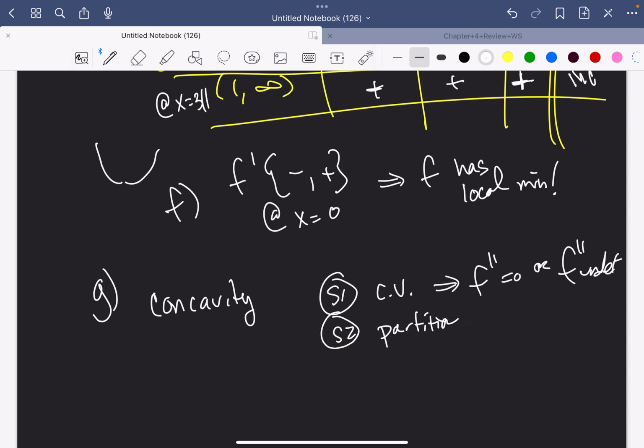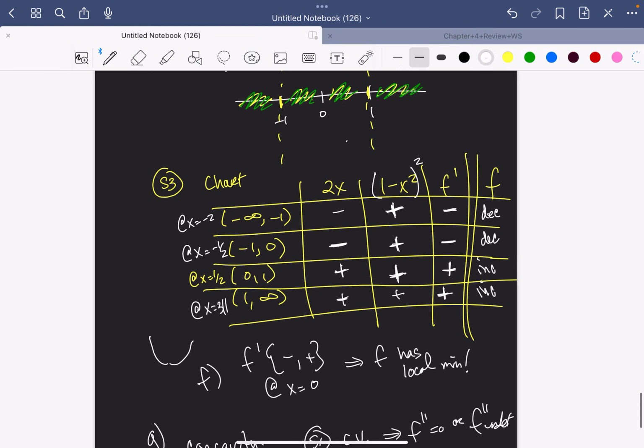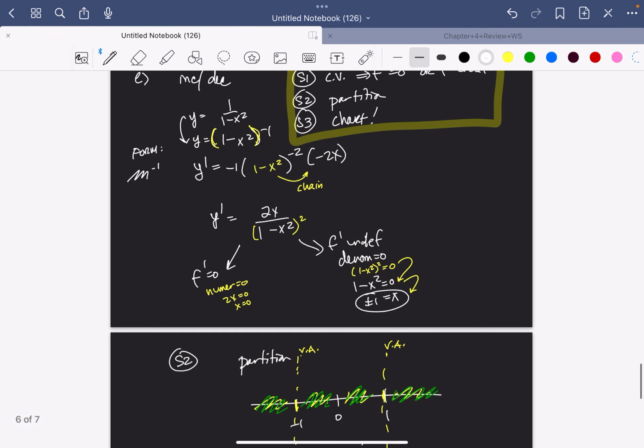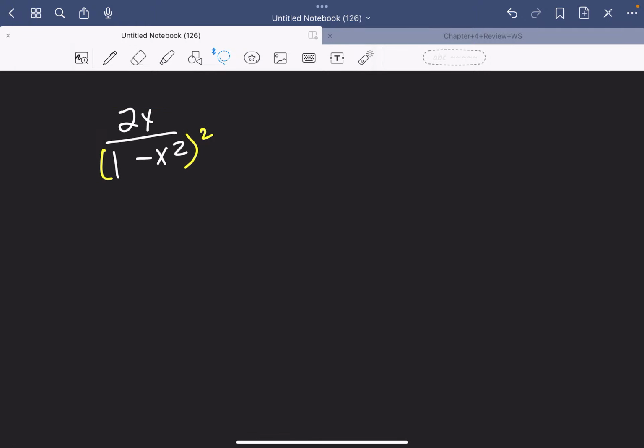All right. So when we look at this function, let's see what our function was. Remember, we already had the derivative. It's right here. So I hit copy, come down here, and I hit paste. So there's the function that I want to take the derivative of, because that's my first derivative.